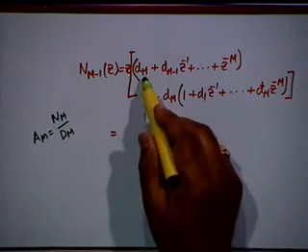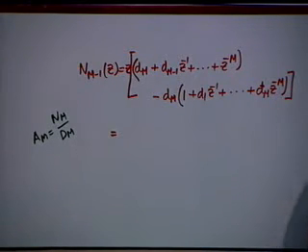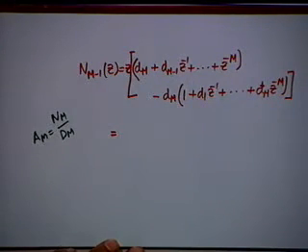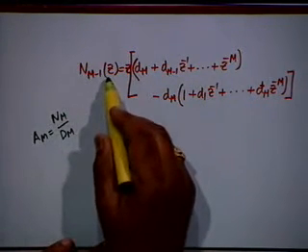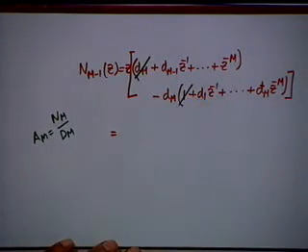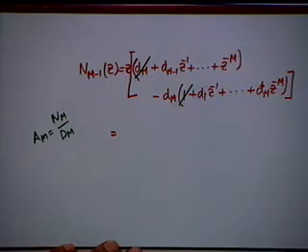No, I have written only the numerator, not the denominator. Now, see, this dm and this dm cancel. Agreed? Even then, Am is Nm divided by Dm, and it should also have a denominator part.